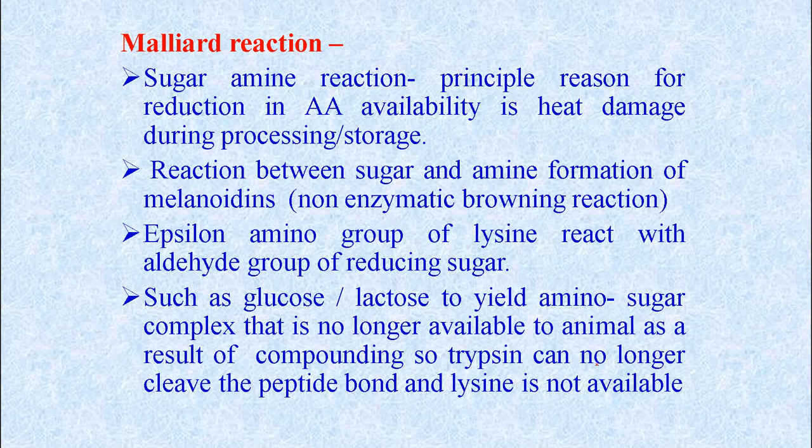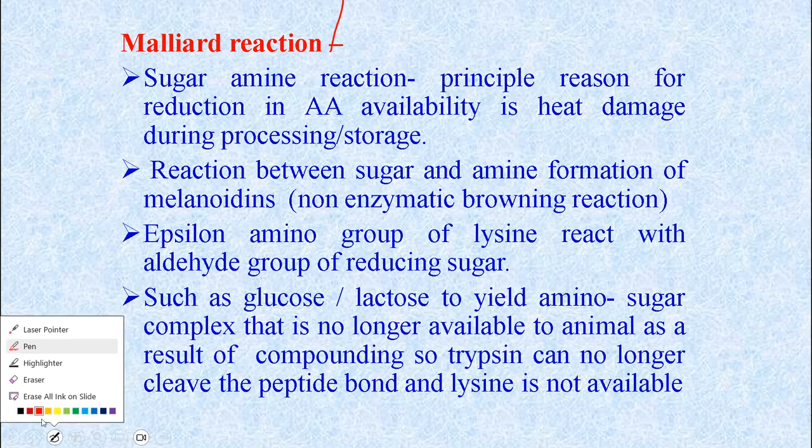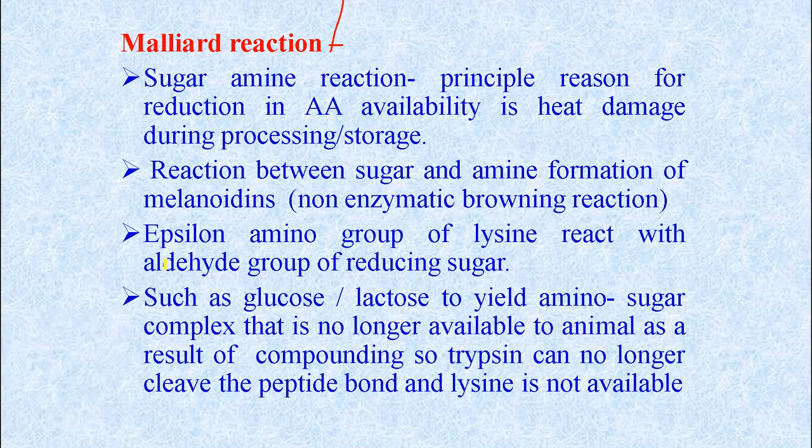Then another thing is the Maillard reaction. This is one of the important reactions throughout the world, and one needs to understand what this Maillard browning reaction is. It is a reaction between sugar and amine, forming melanoidins, a non-enzymatic browning reaction.